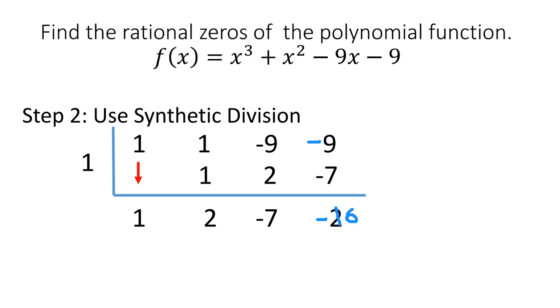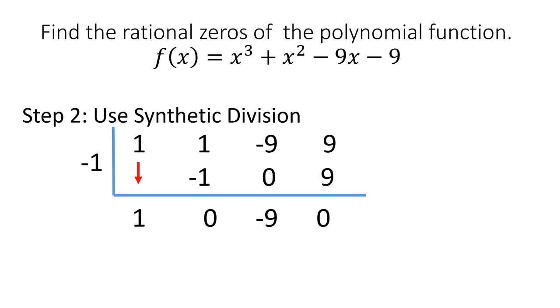Okay, so let's go ahead and look at another example. Let's try the negative 1. Again, let's bring down our 1. 1 times negative 1 is negative 1. 1 minus 1 is 0. 0 times a negative 1 is 0. So negative 9 plus 0 is negative 9. And negative 9 times a negative 1 is a positive 9.